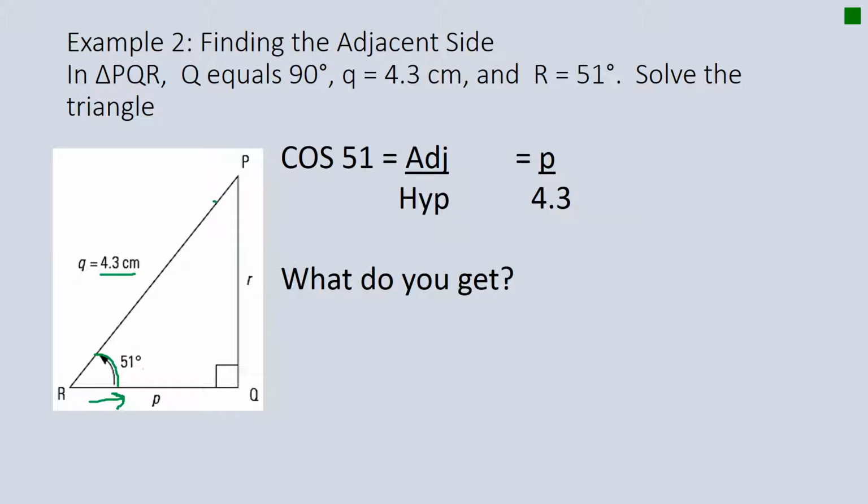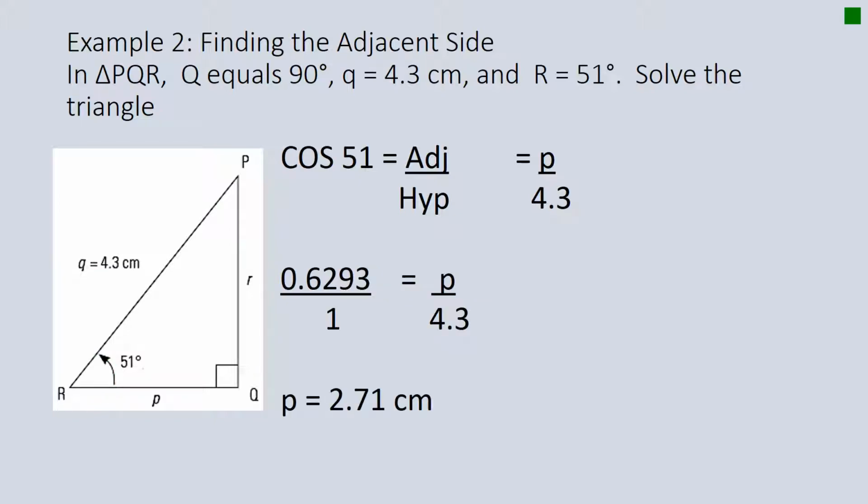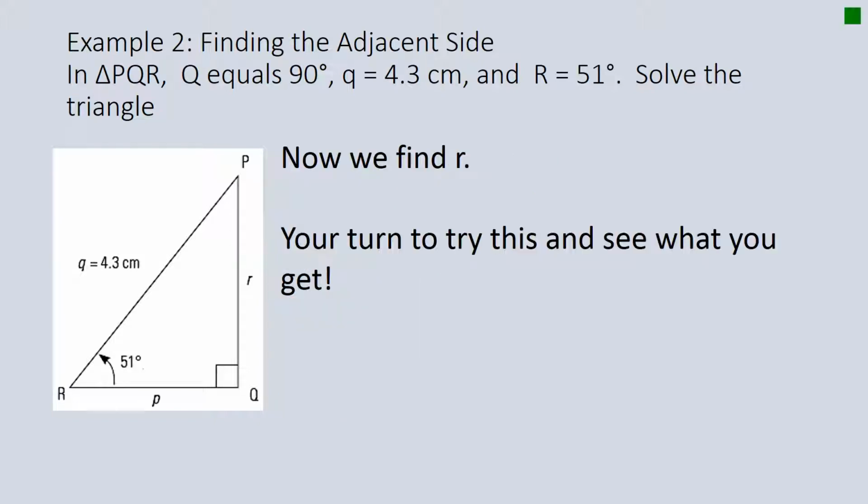Okay, and then what do you get? You should get that the cos of 51 is 0.6293, and then we can cross multiply my cos of 51 times 4.3, and we get our p is equal to 2.71.